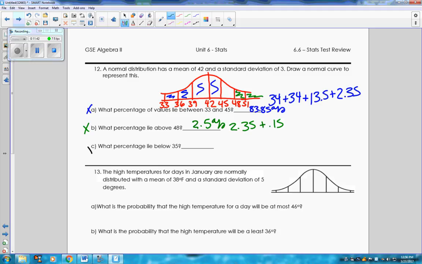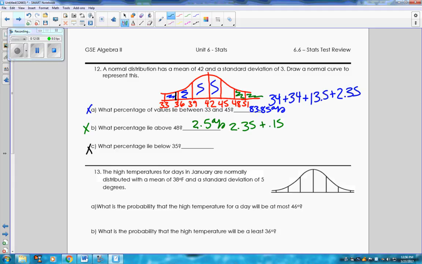Now, C says what percent lies below 35. Roughly sketching, 35 is about right here. So since it does not lie on a standard deviation line that we know for sure what the percentages are, we're going to have to use a calculator to calculate this. So in your calculator, you're going to do second distribution, go to number 2.